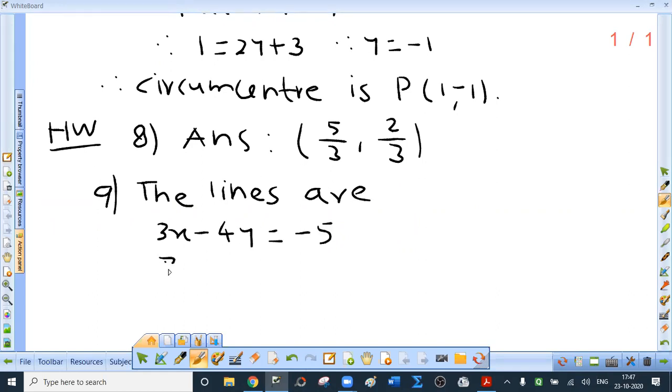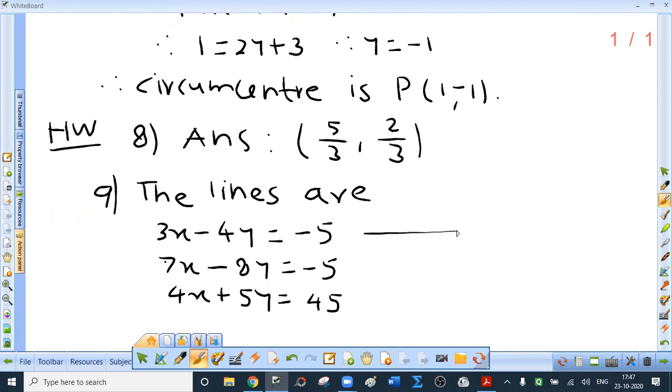Then 7x minus 8y is minus 5. And the third equation, 4x plus 5y equal to what? Is it 45? Yes, it is 45. So these are the three equations representing three lines.